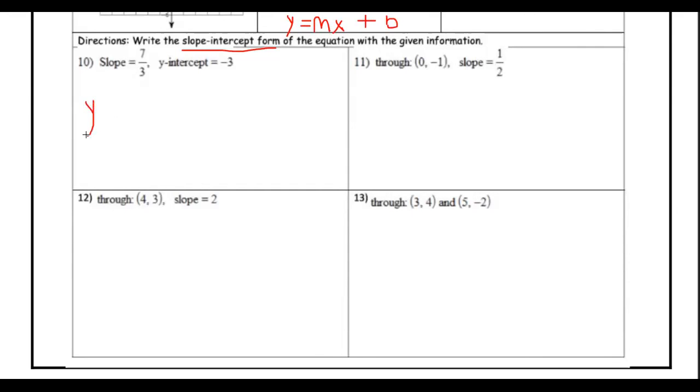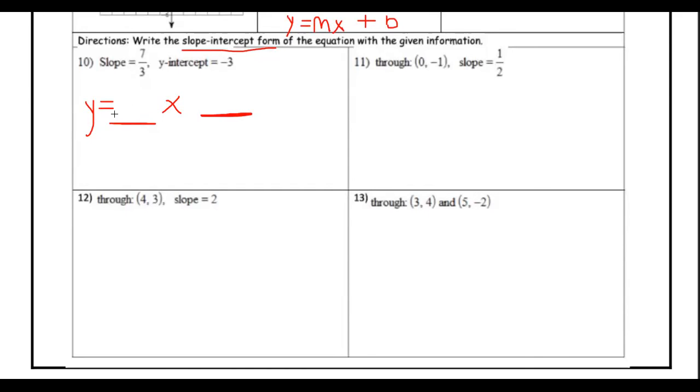So we know when we do that, we'll have y is y, right, equals. We need to fill in slope, or m, x is x, and then we need to also fill in b, or the y-intercept. That is the format every time for slope-intercept form.